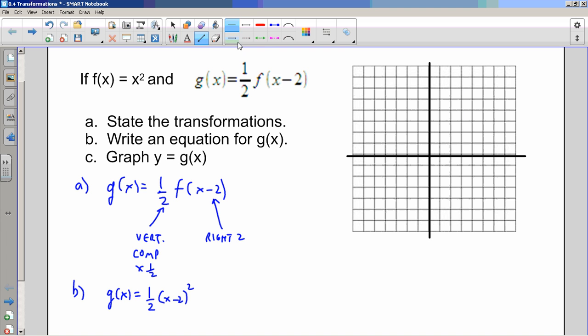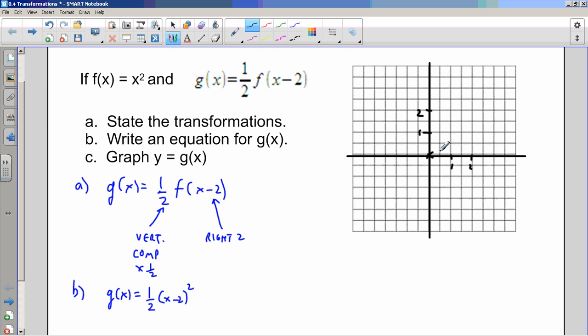And when we get to the graph, there's a number of ways that you could graph it. You could just use your grade 10 techniques, I suppose. But I'm going to talk in terms of transformations that you learned in grade 11. So I'm going to start with the original one, even though you might not need to.